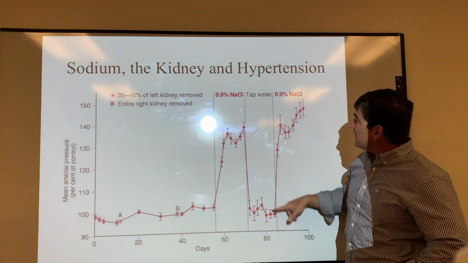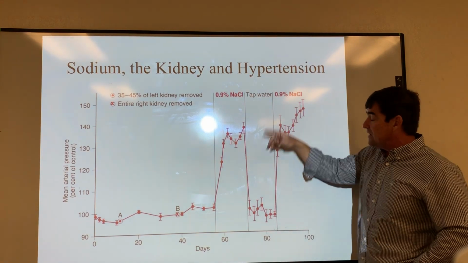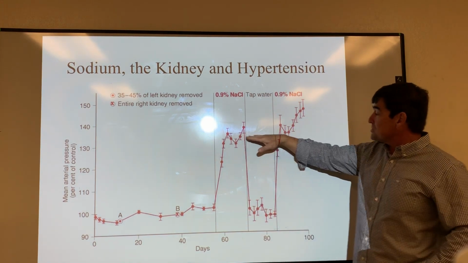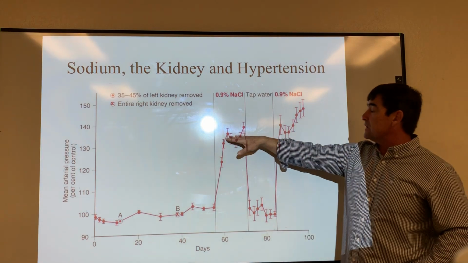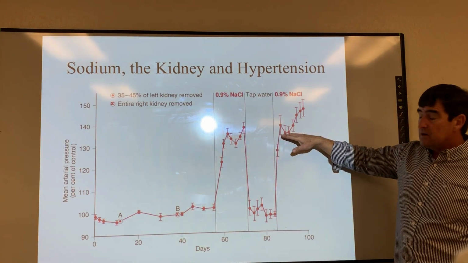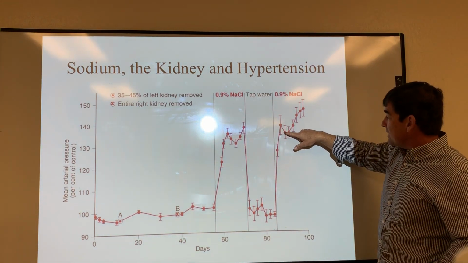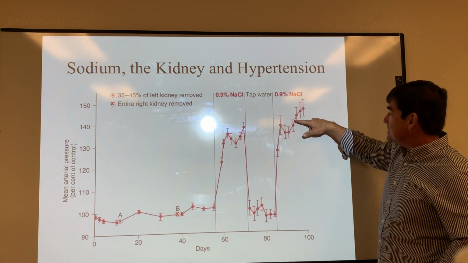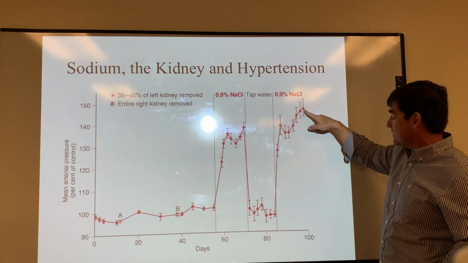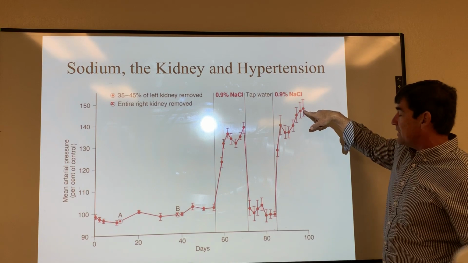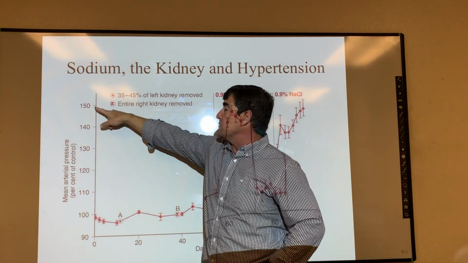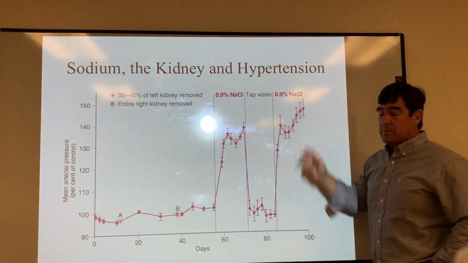When they went back on the high salt diet again, not only did their blood pressure go back up in a sodium sensitive manner, but the really important part here is that blood pressure continued to rise. And they actually stopped the study here, close to 100 days, because blood pressure in those animals was getting so high, you start worrying about secondary effects.